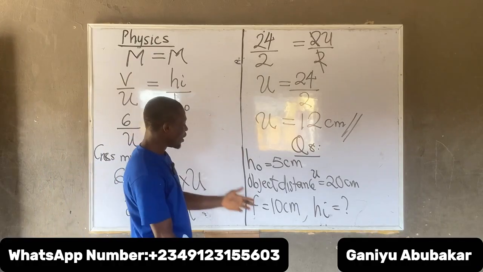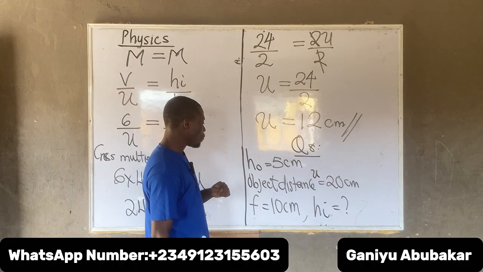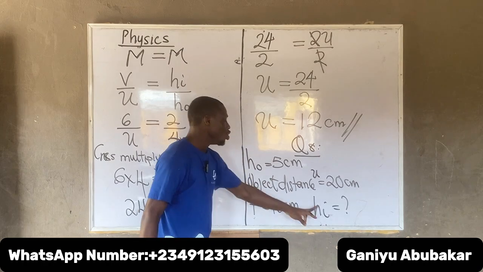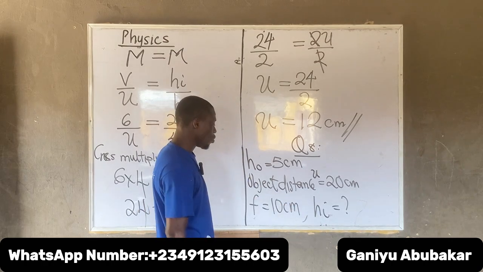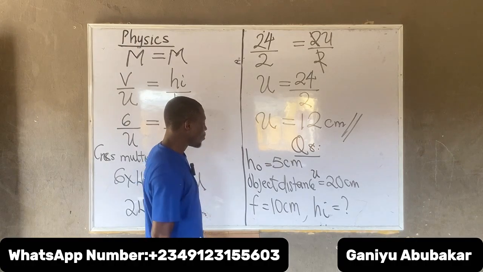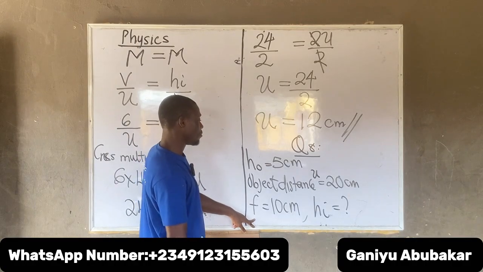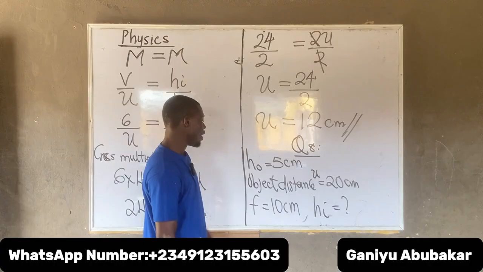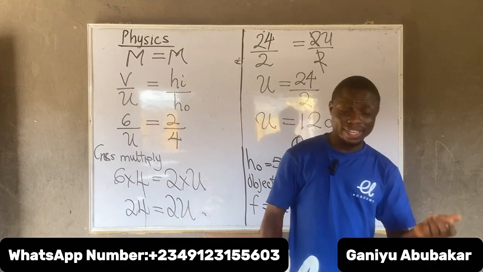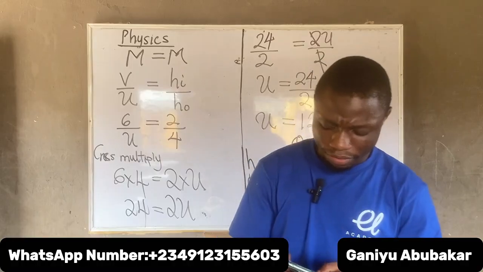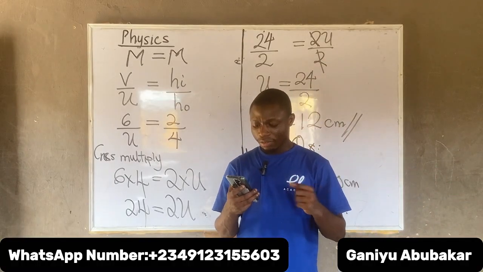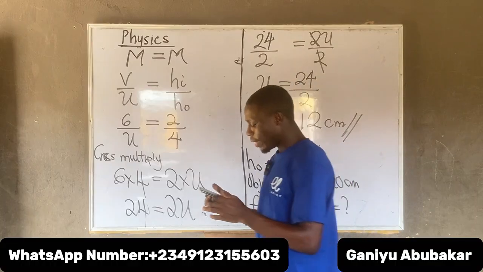But here they give us focal length F, and we are asked to find HI, that's the image height or height of the image. What do we do? It gives us focal length F, and in this case it is a concave mirror, right? Yes, concave. So what do we do here?